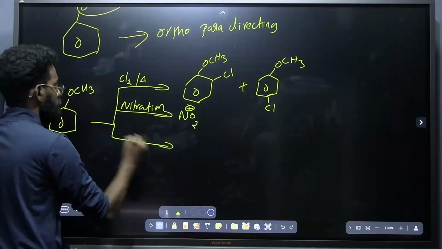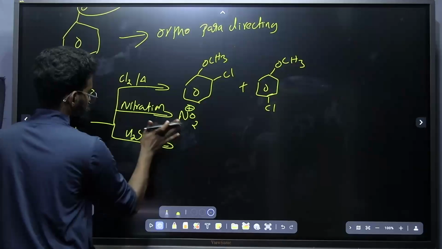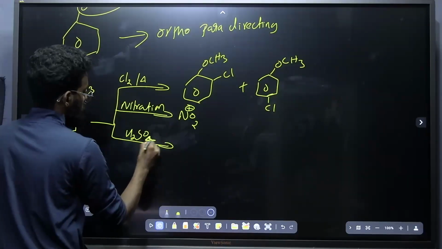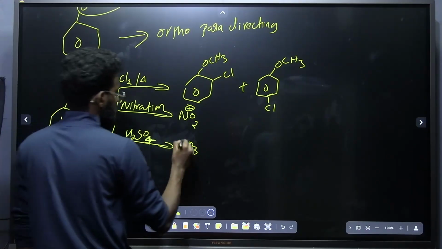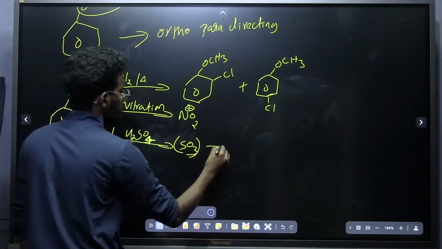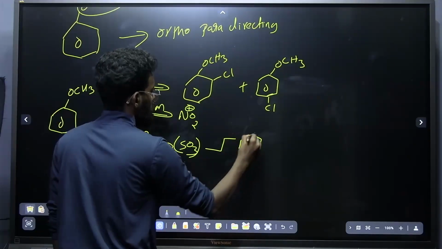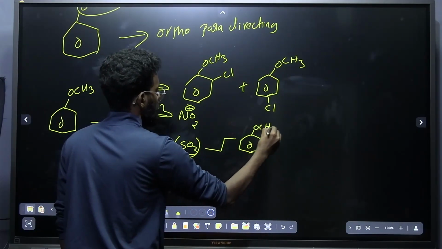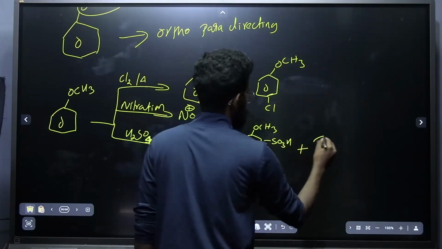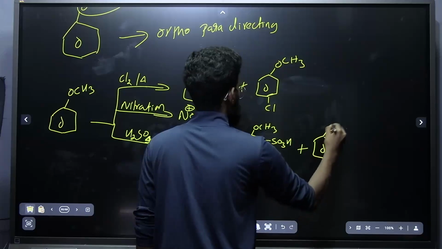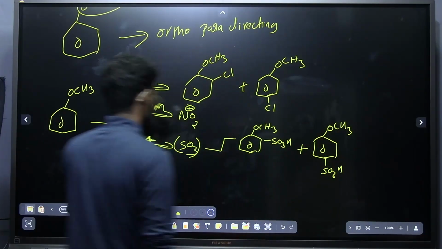And if I am doing sulfonation with H2SO4, the electrophile that is forming is SO3, and we get SO3H in the ortho and para positions.